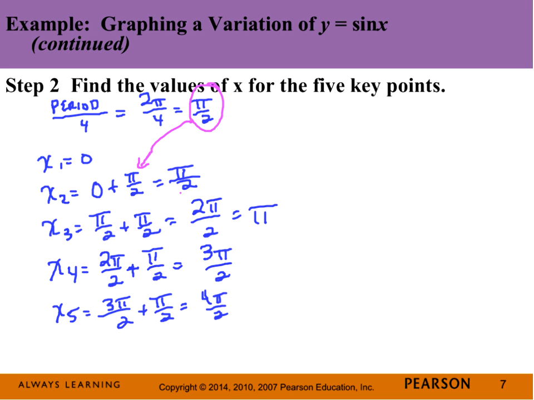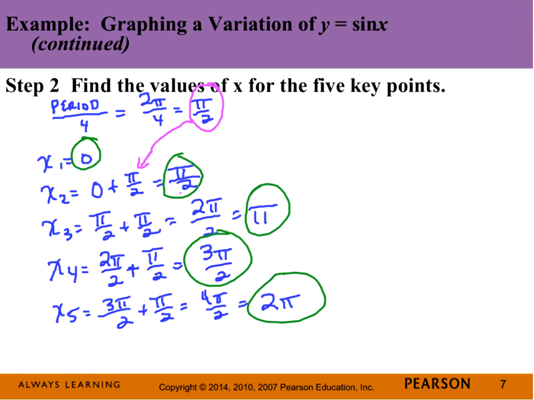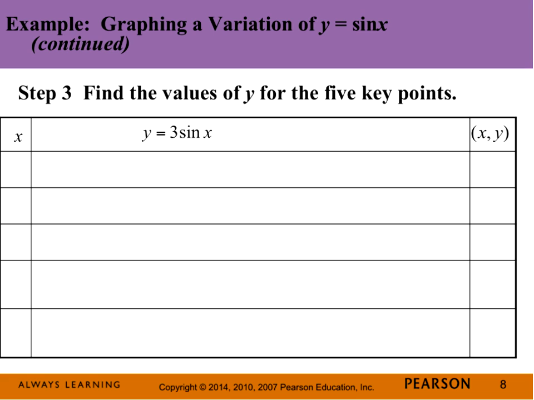And that gives me 4 pi over 2, which is just good old 2 pi. So here are my x values that I'm going to be using: 0, pi over 2, pi, 3 pi over 2, and 2 pi. Now I'm going to move forward and figure out what the corresponding y values are for this.